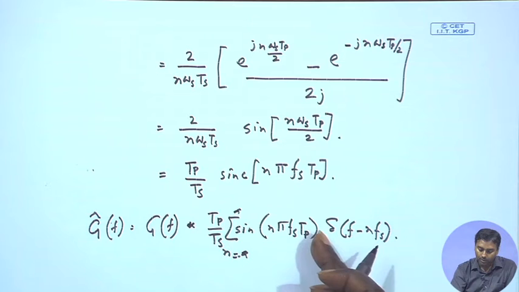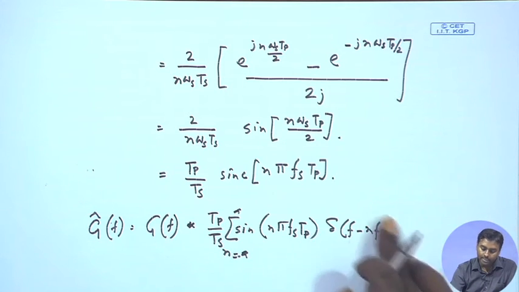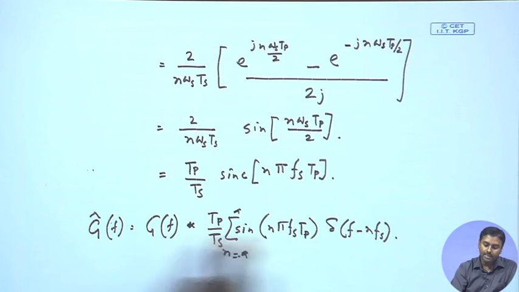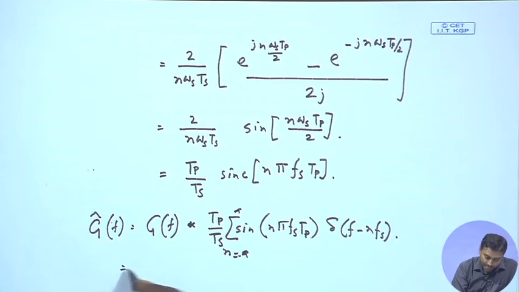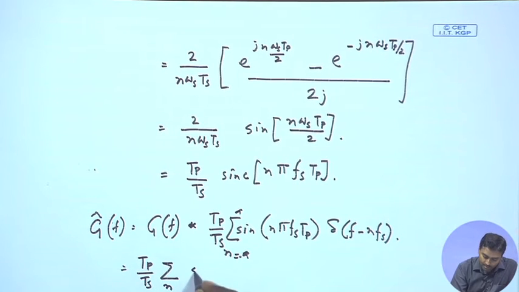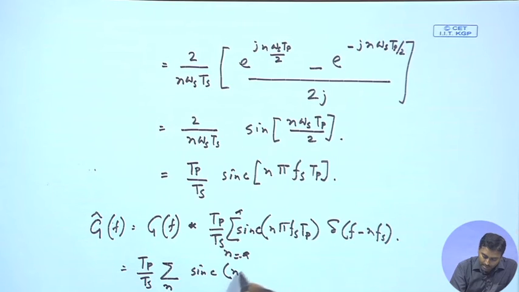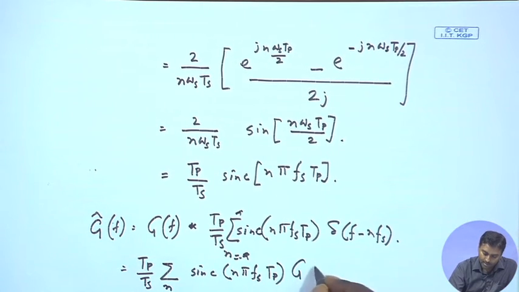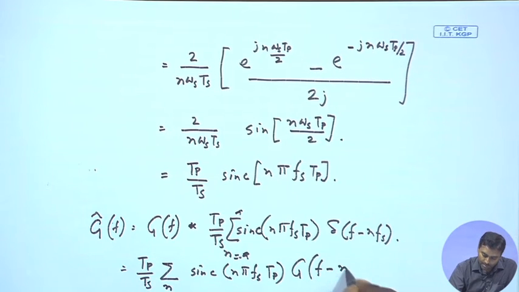So, G(f) can go inside, then G(f) convolved with delta again becomes just G(f minus n f_s). So, I can write this as T_p by T_s summation over n of sinc(n pi f_s T_p), and this becomes G of f minus n f_s.